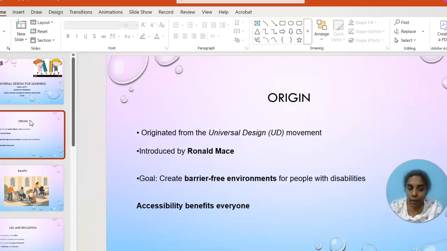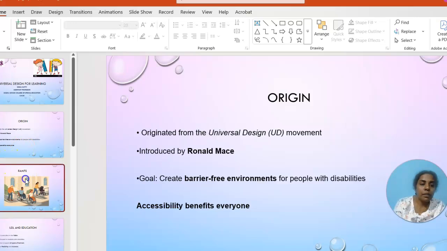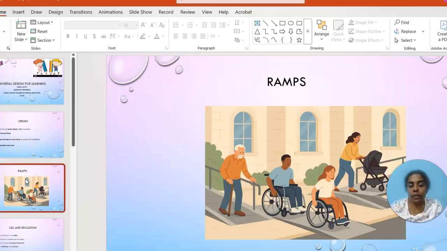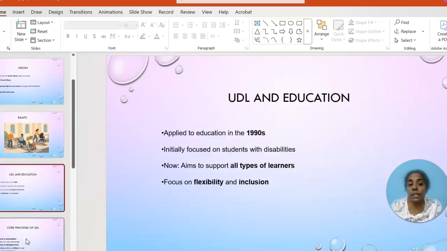It would benefit everyone. For example, in the picture that we can see here, there is a ramp which is being used by wheelchair users, a parent with a stroller, and an elderly person walking with a walking stick. Gradually, the concept of universal design was applied to education in the 1990s.